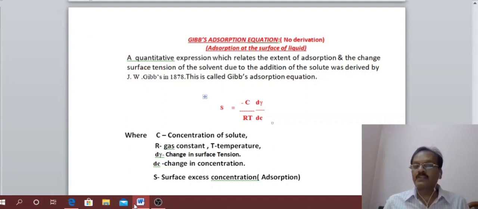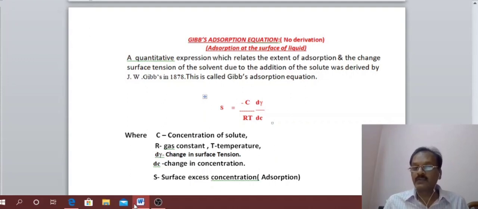A quantitative expression which relates the extent of adsorption and the change of surface tension of the solvent due to the addition of a solute was derived by J. W. Gibbs in 1878, and this expression is called the Gibbs adsorption equation. This equation was derived considering a two-component system and using the chemical potential of the two components.